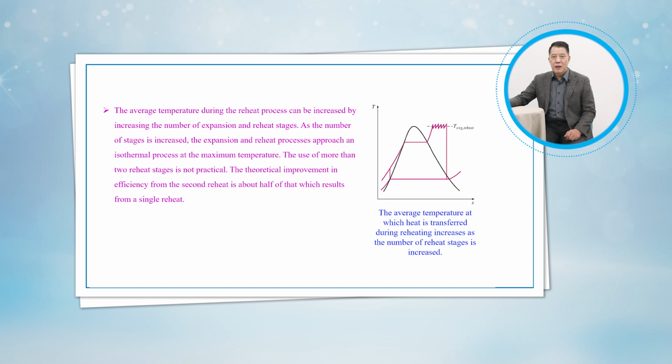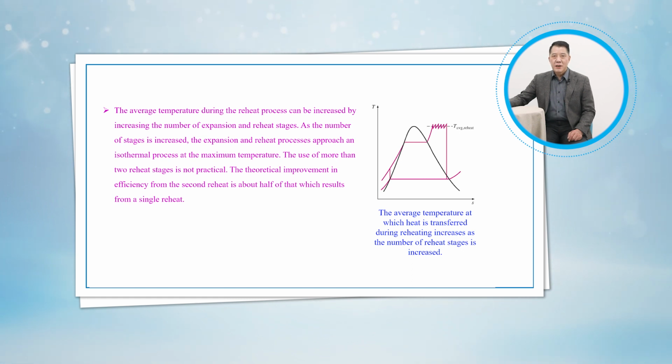As the number of stages is increased, the expansion and reheat process approaches an isothermal process at the maximum temperature, as shown in the figure. The use of more than 2 reheat stages, however, is not practical.